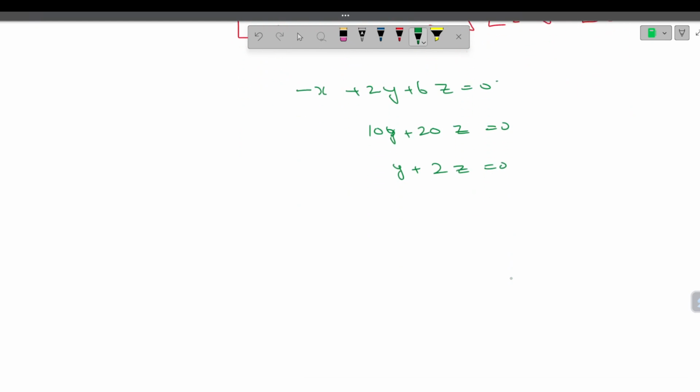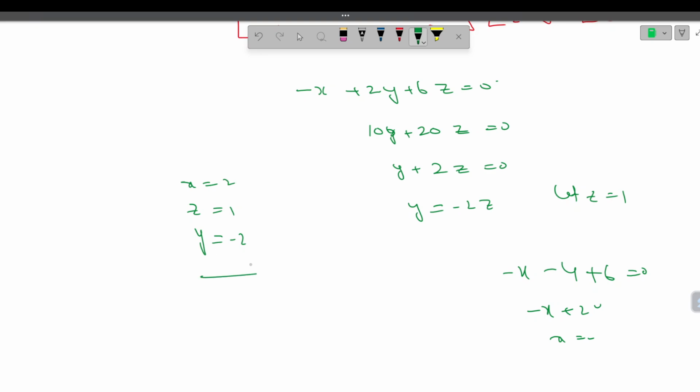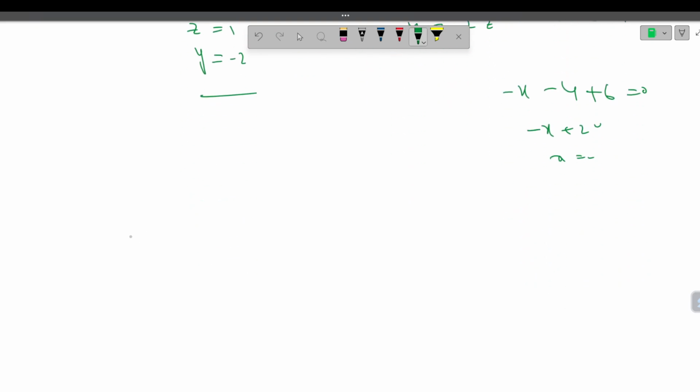So y equal to minus 2z. Let z equal to 1. So y equal to minus 2, z equal to 1. If you substitute here z equal to 1, y equal to minus 2, minus 4 plus 6, minus x equal to 0, minus x plus 2 equal to 0, x equal to 2.